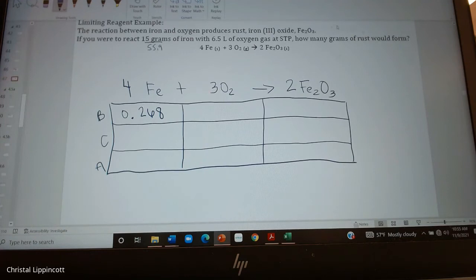So at STP, if we have 6.5 liters, okay, we know that for every 22.4 liters, we have 1 mole of O2. So that's where I got this.